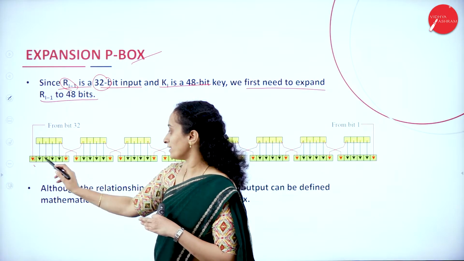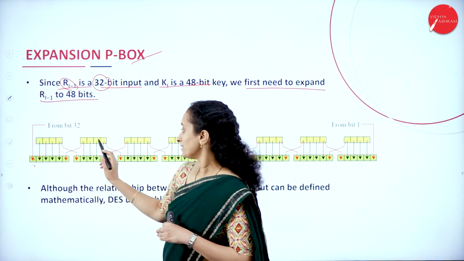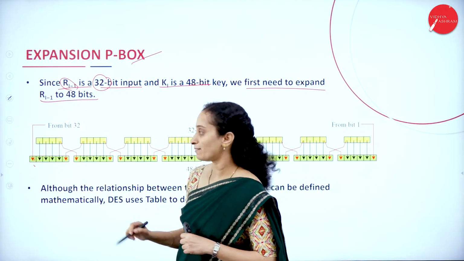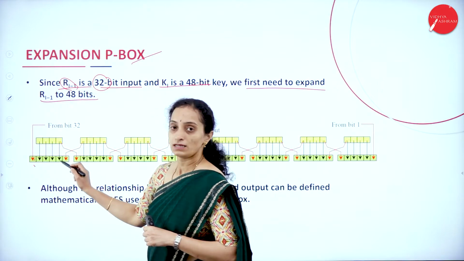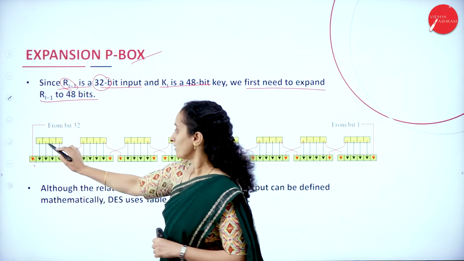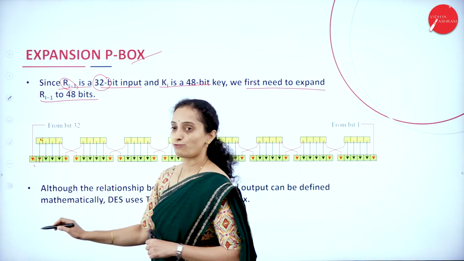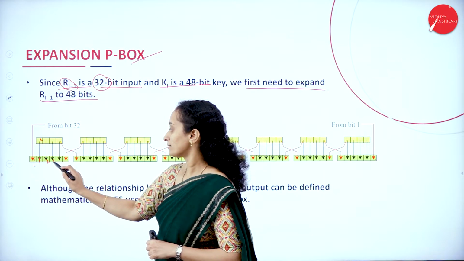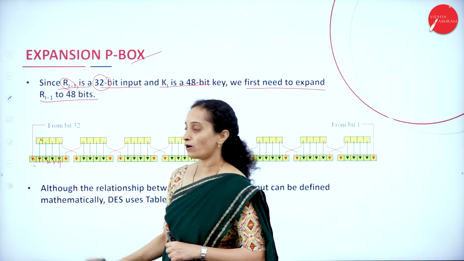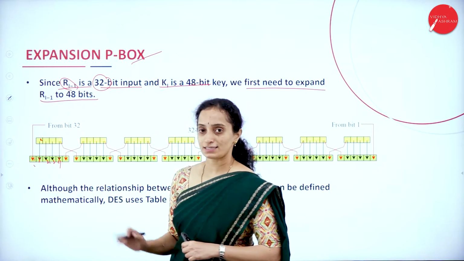You can observe here, this is the first bit of the first block, and this is the second block. These are straight permuted: the first is permuted to the first block, second block, third block and fourth block. Remaining are the first and the sixth bit.